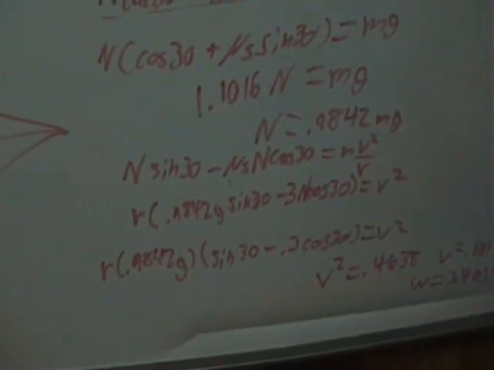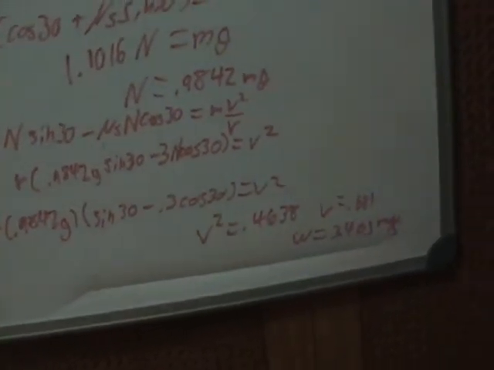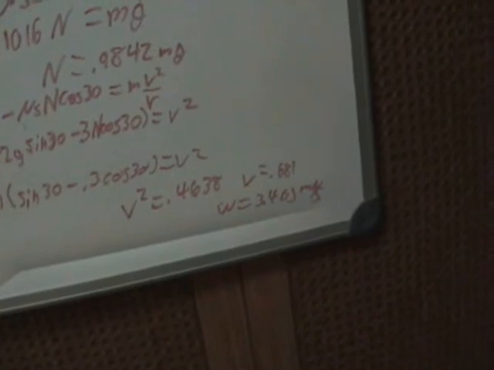So n sine 30 minus mu sub s times n cosine 30 is mv squared over r. And so we have r times, I can't see what fractions here, but those came from sines and cosines in a previous equation, times sine of 30 minus mu n cosine 30 equals v squared. And then we have the last couple of steps here, solving for v squared, and v ends up equaling 0.681 omega.